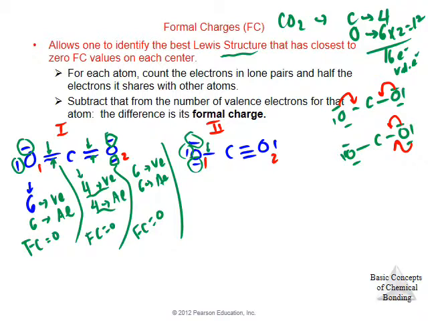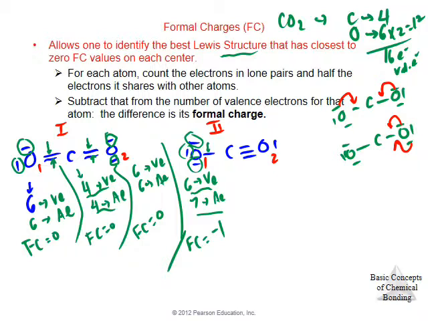So 6 is valence electrons, and 7 is assigned electrons. Remember, 6 are solely on oxygen, those are non-bonding, unshared electrons, and 1 is coming from the bonded pair because you take half of that. So 7 assigned electrons. So it's supposed to have 6, but it does have 7 in this structure. That means it got an extra electron, and that's why it is -1. The formal charge is -1 for this oxygen.